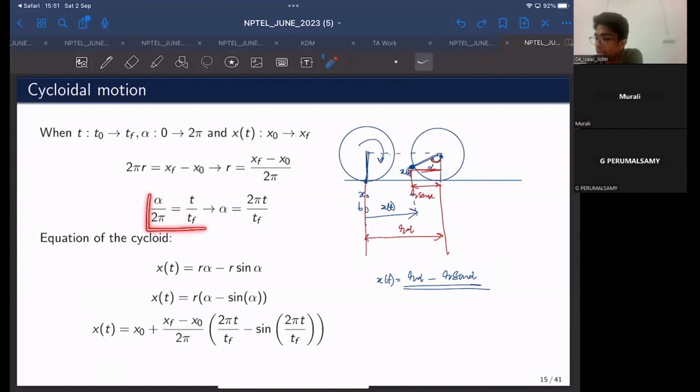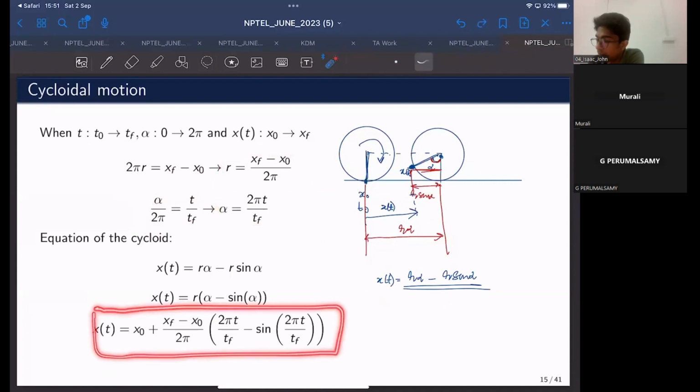So alpha by 2 pi is t by tf, and in that regard, alpha would be 2 pi t by tf. Simple manipulation. If you plug these values into this basic equation, you would end up with something like this.